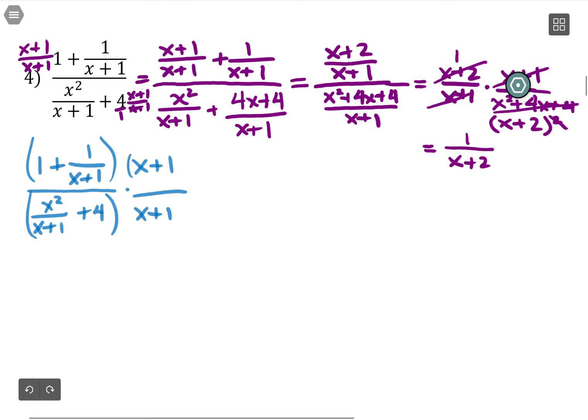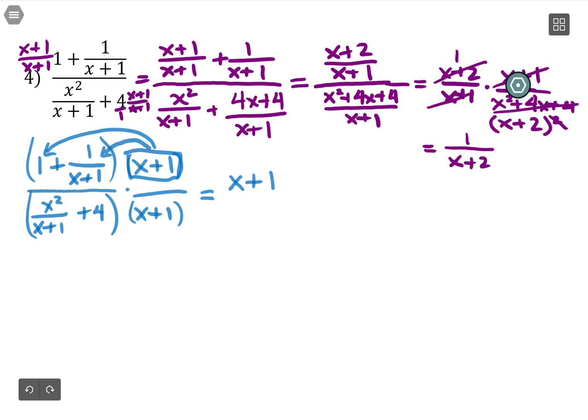And in fact, I'm going to mentally group this together because this might look a little funny. So I'm distributing an x plus 1 through. When I multiply x plus 1 by 1, I get x plus 1. When I multiply x plus 1 by 1 over x plus 1, I get x plus 1 over x plus 1, which is just 1.